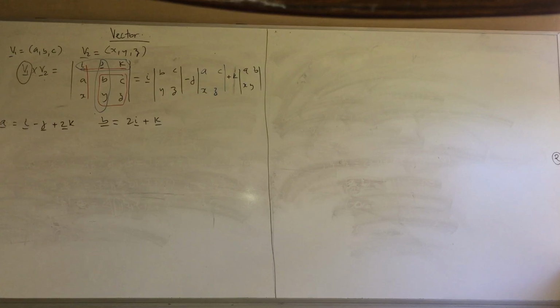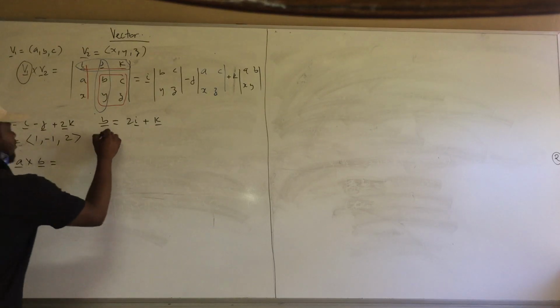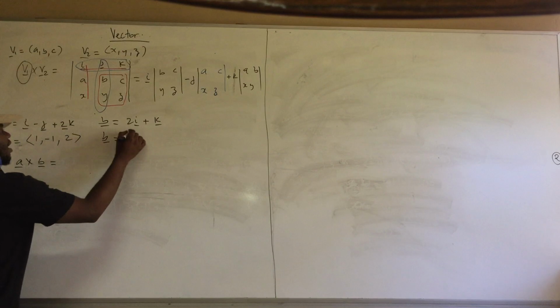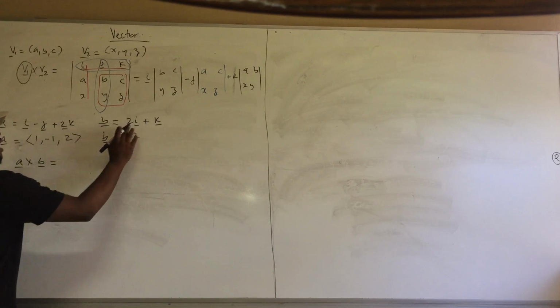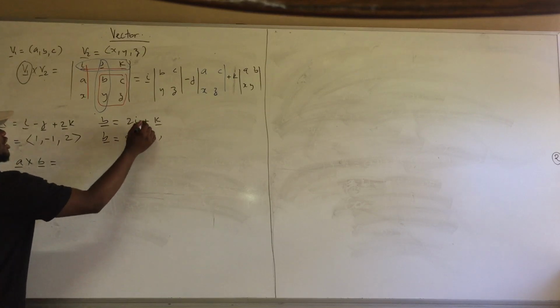Now, they are asking you to find A cross B. Remember, I like to write my equation in this format; it makes my life easier. Vector A is 1, minus 1 and 2. Vector B is 2I plus K. Something is missing there: it's 0J.